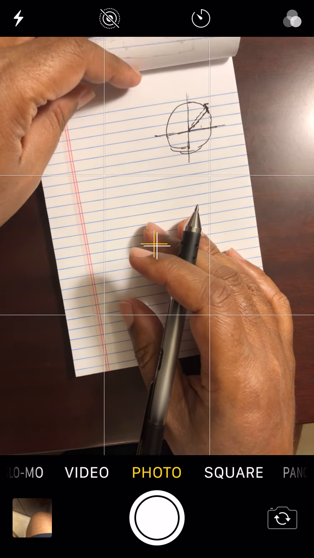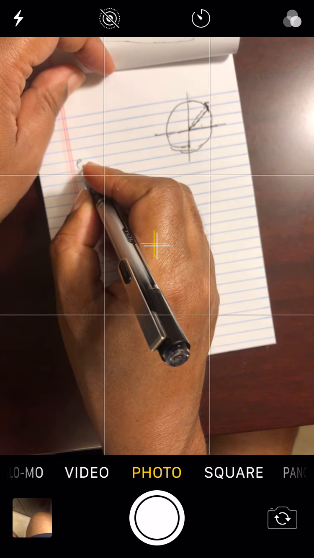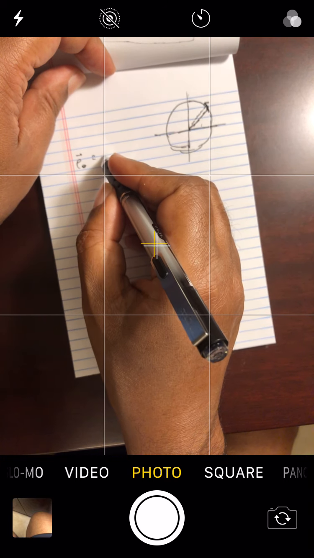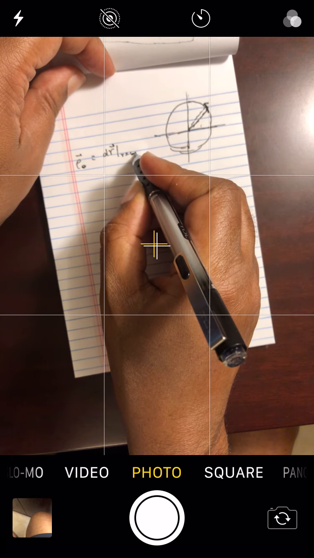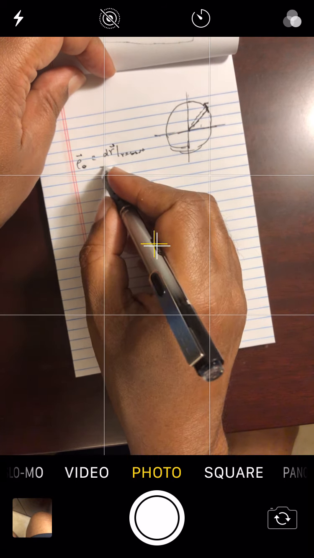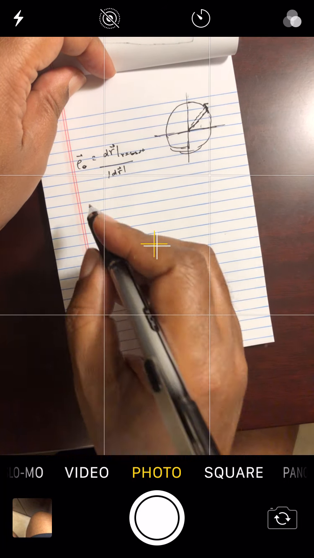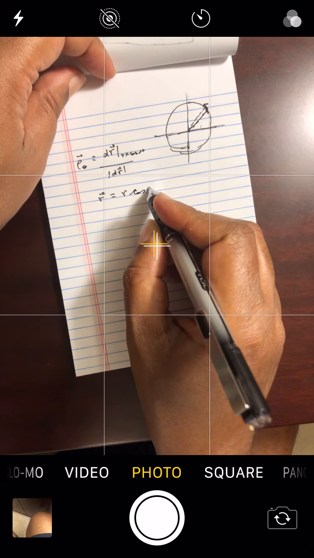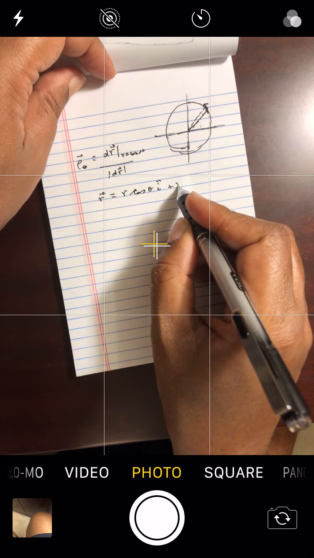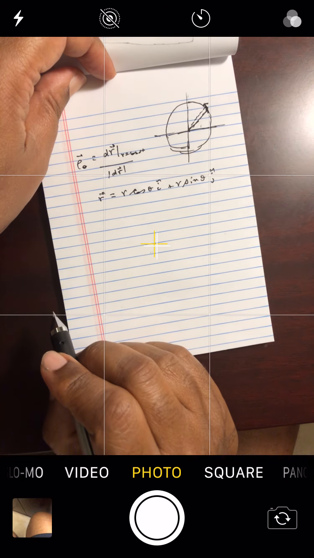According to this definition, E theta would be the change in the position vector while keeping R constant, and then of course dividing by the magnitude of the change. So what's R? R is R cosine of theta in the i direction plus R sine theta in the j direction.